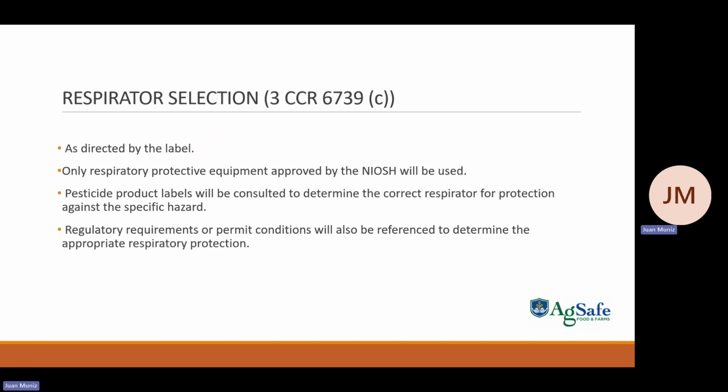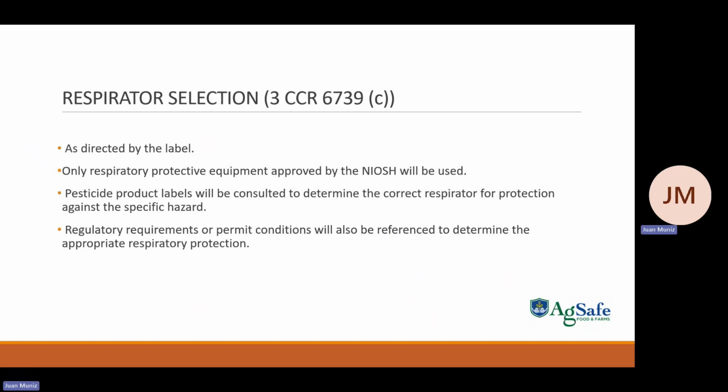And so it must be approved by those standard setting organizations. Pesticide product labels will be consulted to determine the correct respirator for protection against a specific hazard. Regulatory requirements or permit conditions will also be referenced to determine the appropriate respiratory protection.